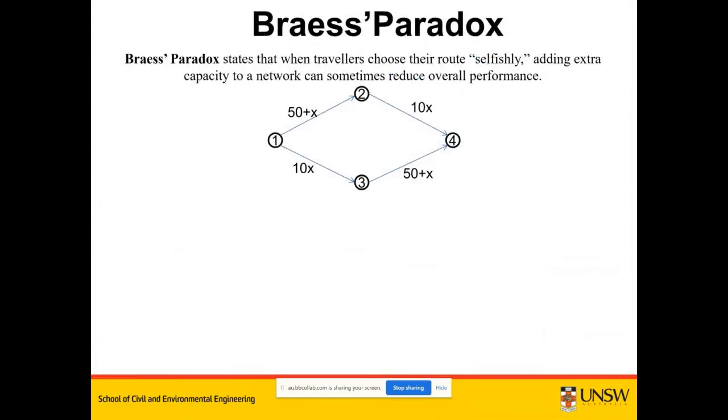We talked about Braess's paradox, I guess, in the first or second lecture, where we said that if you have this network and people are selfishly choosing their route without knowing or caring about how others are choosing the route, adding an additional link to the network may not necessarily improve the performance of the network.